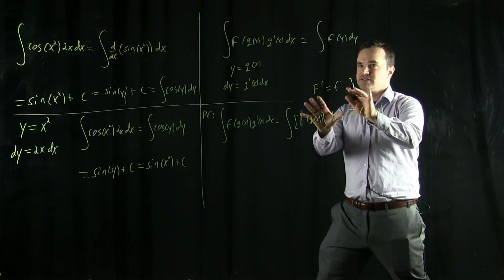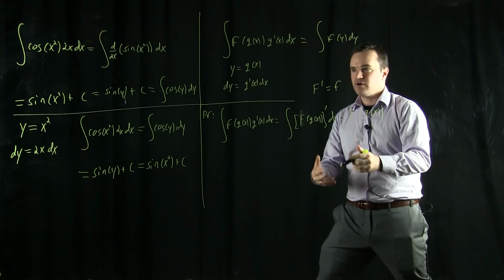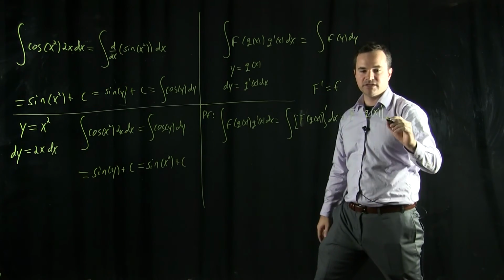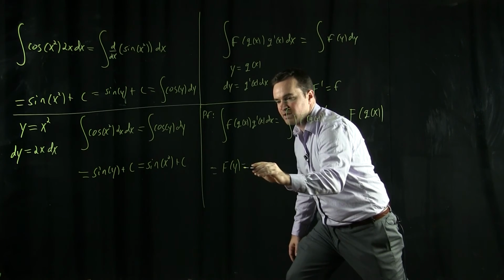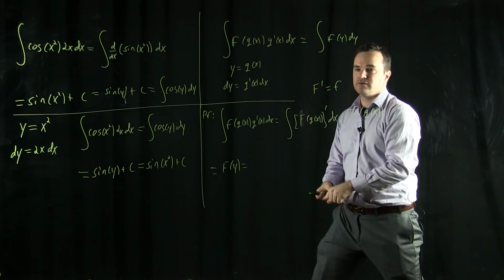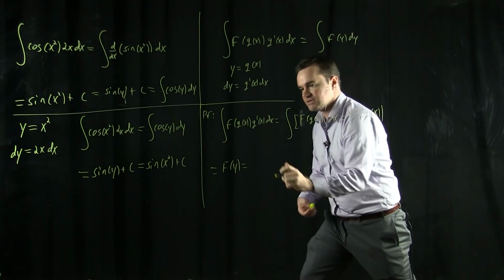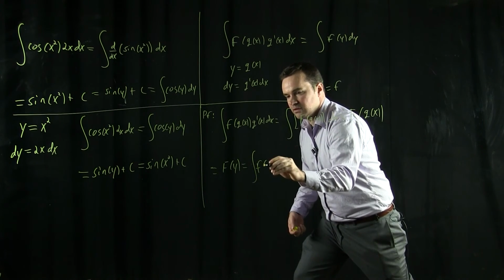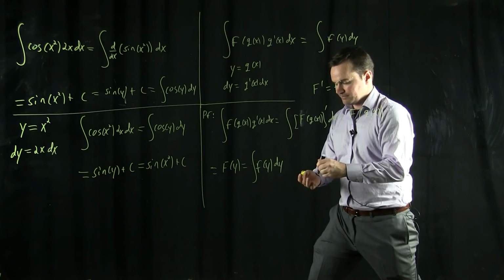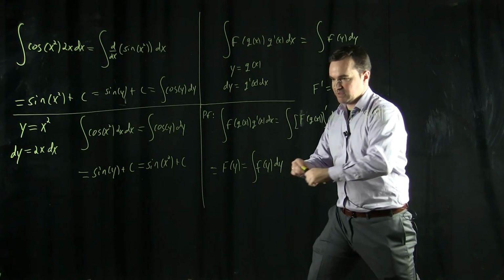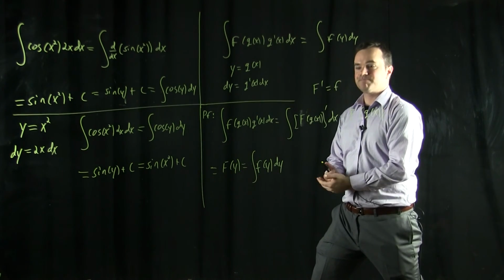And so why does this kind of prove the theorem? Because if you take y equals g of x, if you rewrite this as capital F of y, so capital F is the antiderivative of lowercase f, this is just now the integral of f of y dy. And maybe there could be a constant of integration in there. That's OK.